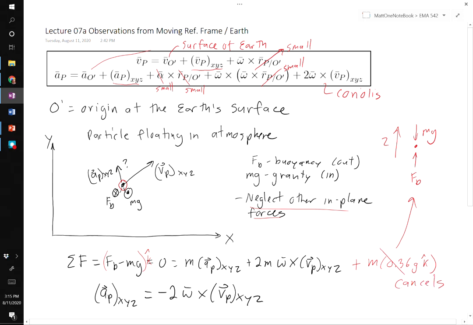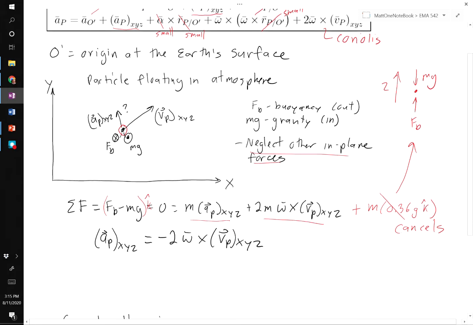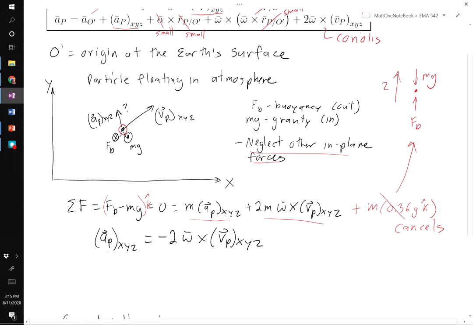And anyway, the sum of the forces then is equal to 0, which says that this term has to match this term, or the acceleration relative to the moving reference frame has to be canceled by the Coriolis acceleration that we get. So that lets us solve to say that the acceleration of our particle that we will observe from the Earth will be 2 omega cross v.